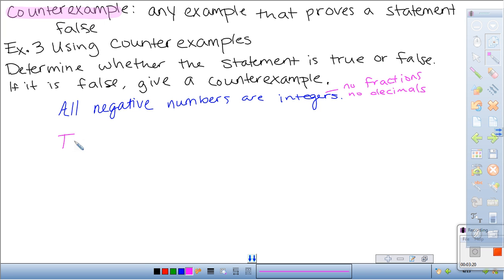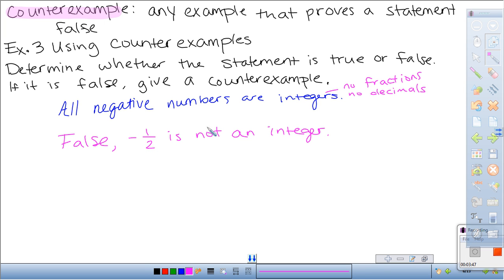So I'm going to say this is false because of the counterexample, negative half. That's a negative number, but it's not an integer because an integer can't have any fractions or decimals. Negative half would just be a rational number. So false, negative half is not an integer.